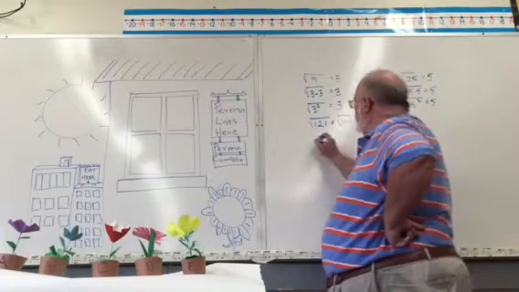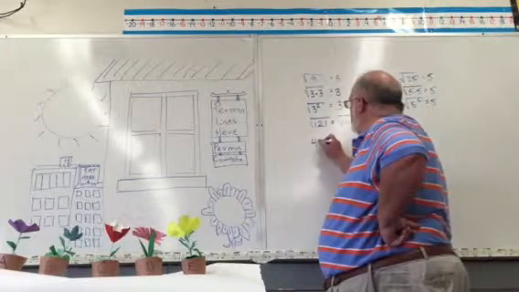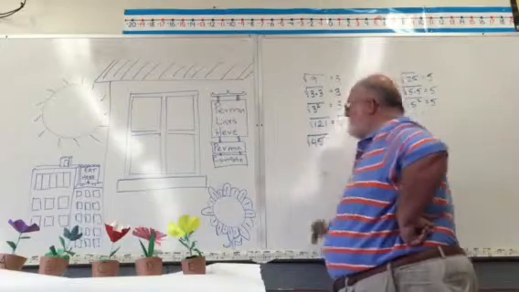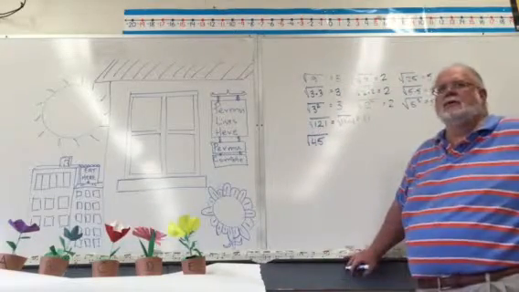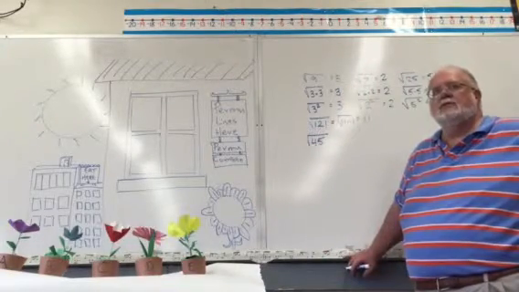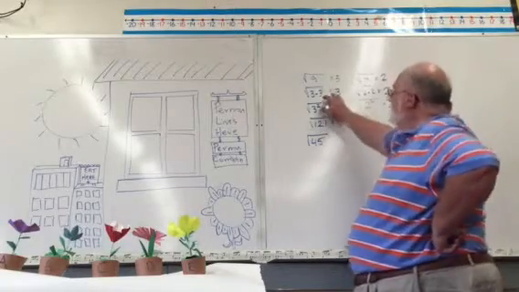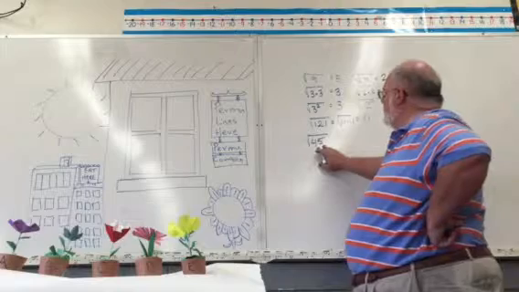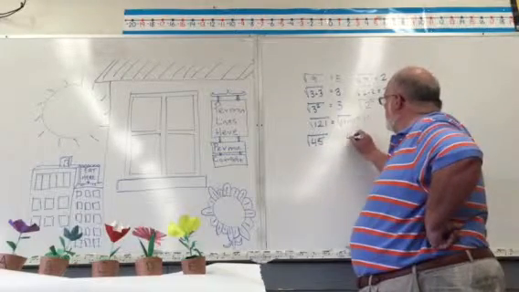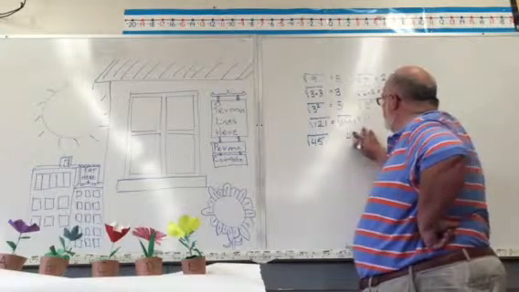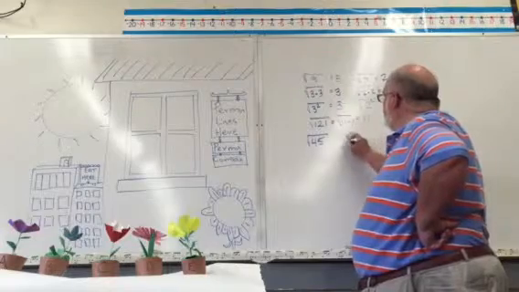Let's try to find this. The square root of 45. What number times itself is 45? Well, let's go looking for pairs. Are there any pairs inside 45? Let's do our prime factoring. Whoops, 45.